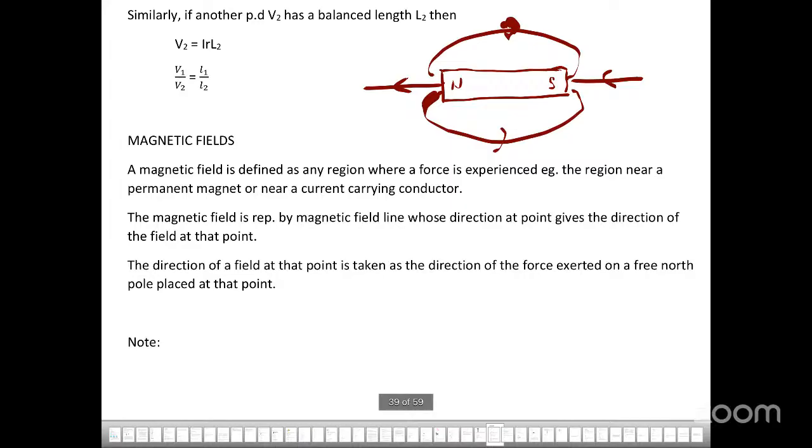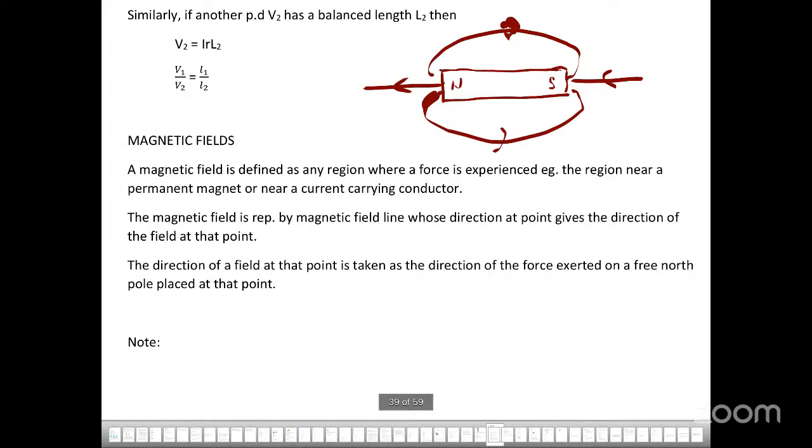So a magnetic field is defined as a region where a force is experienced. Does that definition sound familiar? A magnetic field is a region around a magnet where a magnetic force is experienced. Does it sound like an electric field? Same definition, right?